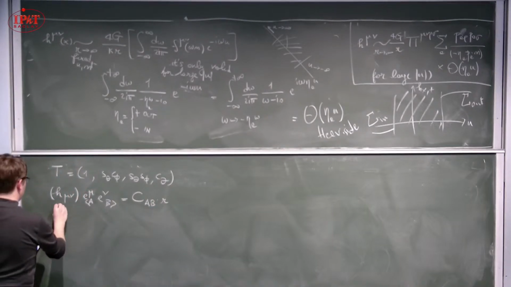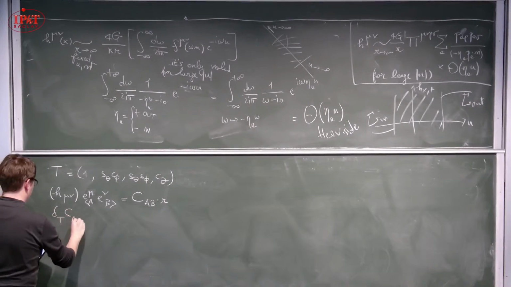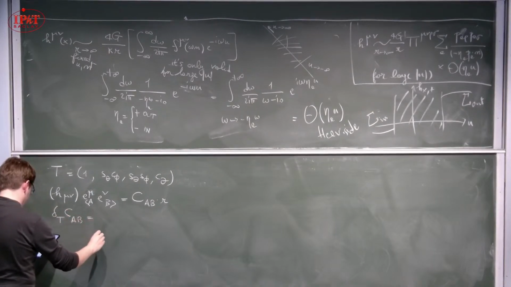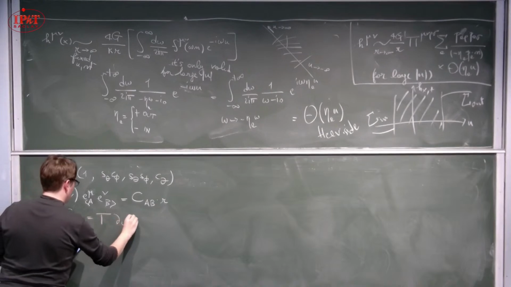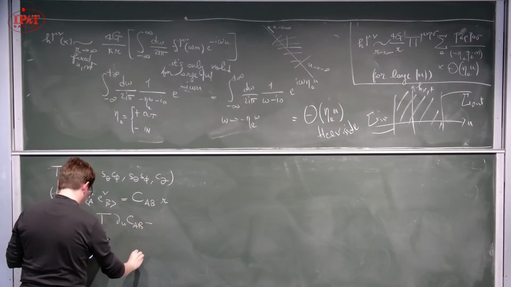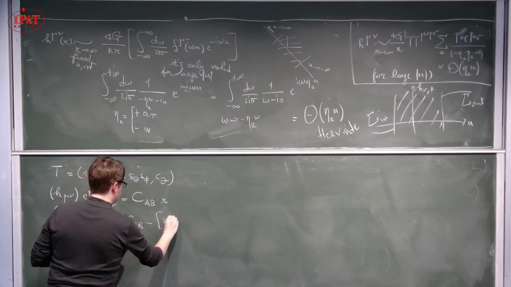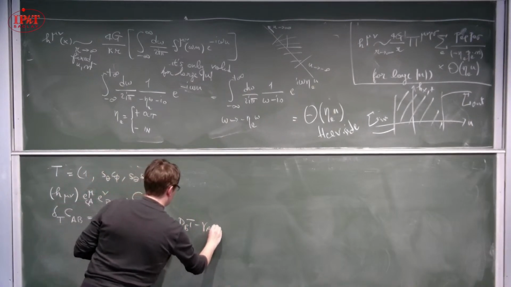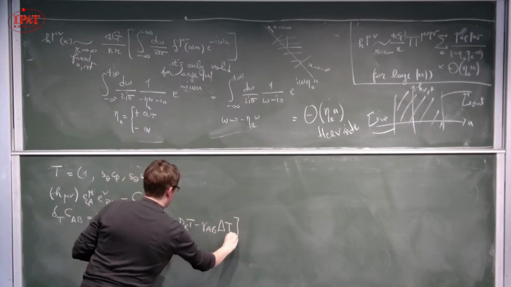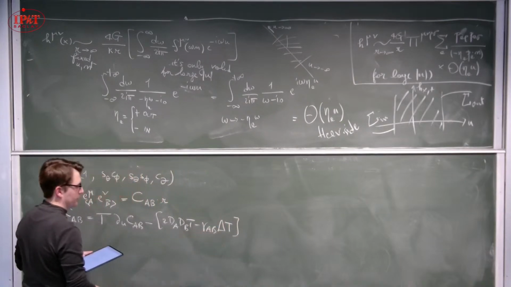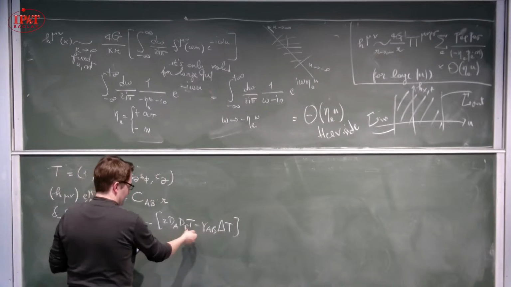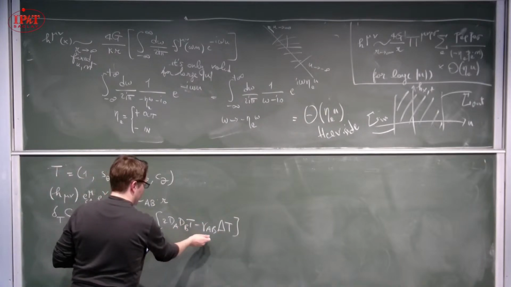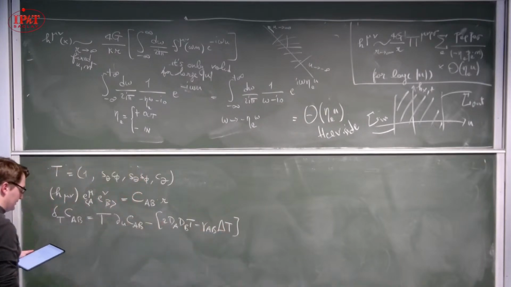And the transformation of this C_AB under a supertranslation is given by this expression, T ∂_u C_AB minus the Laplacian on the sphere, where all these derivatives and the Laplacian are defined intrinsically on the sphere, so they are covariant derivatives on the sphere. And you notice that this is indeed traceless, as I was mentioning.